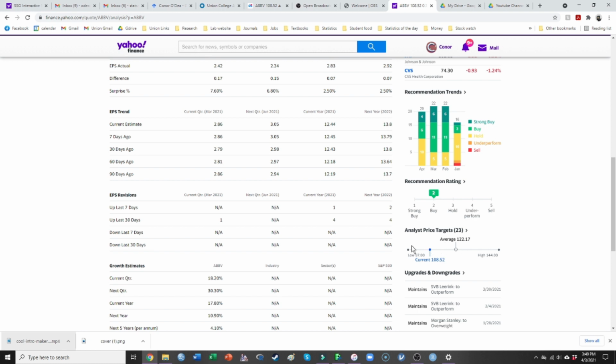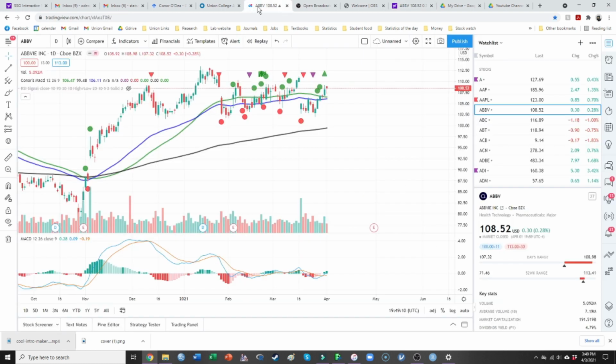And to me, it looks pretty realistic that the stock is potentially going to go up in the next year. So again, what I'm looking for is this MACD crossover, the 50-day moving average crossover being above the 200-day exponential moving average, and then are the analysts saying that this stock is probably going to go up? All of those things in conjunction give me these green flags that say maybe I should buy that stock.